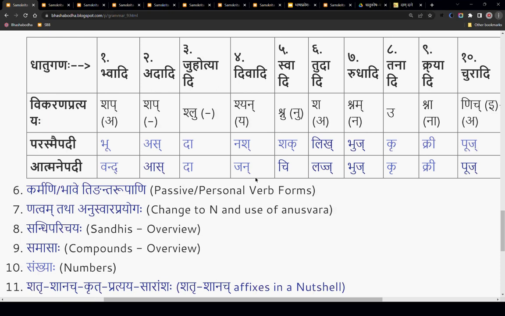But at the high level, you can understand the ending letter of the kriyapada. Based on that, the dhatu is categorized as parasmaipada or atmanepada, and between the dhatu and the ending letter, what comes? The ending letter is called ting pratyaya. So between the dhatu and the ending ting pratyaya, what is inserted in between to get the form is called vikarana pratyaya.